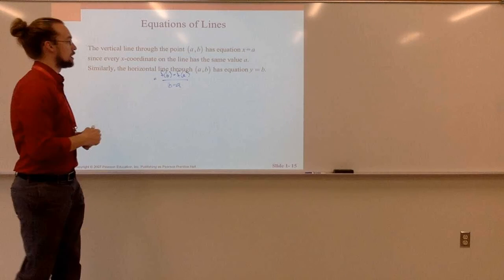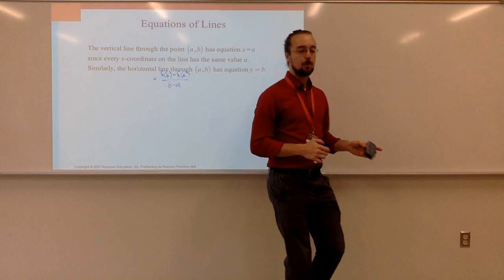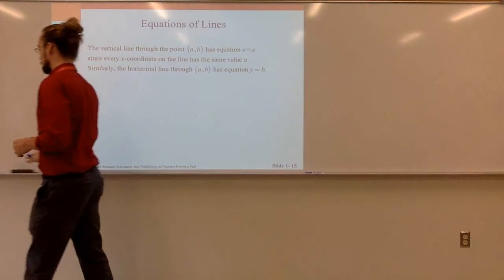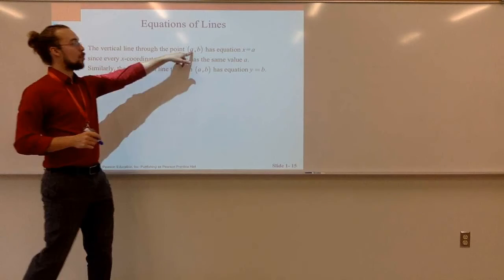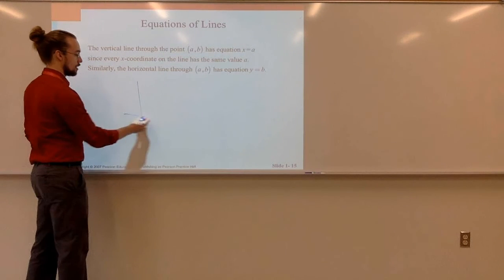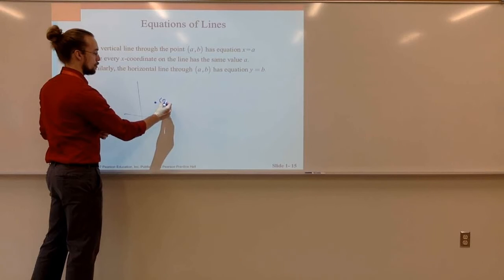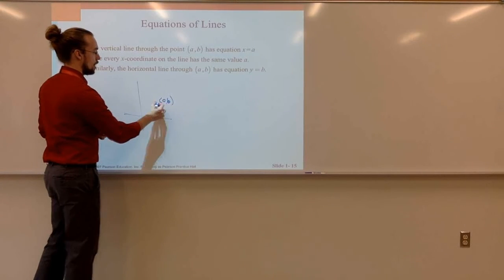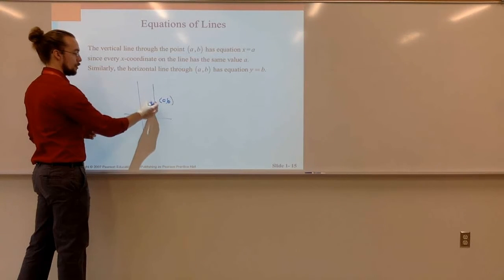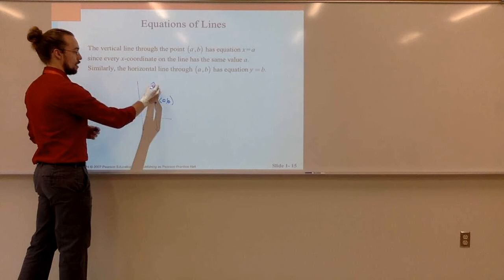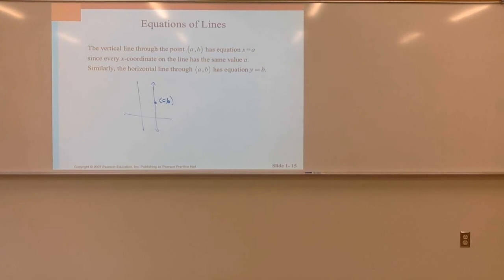The next step then is to get into equations of lines. Right? So first, let's talk about horizontal and vertical lines. Right? So if I've got a point (a, b), let's say we just have some random point, and I want to construct a vertical and a horizontal line through that point. Well, how do I write the equation of, let's do vertical line first, how do I write the equation of a vertical line? x equals, right?